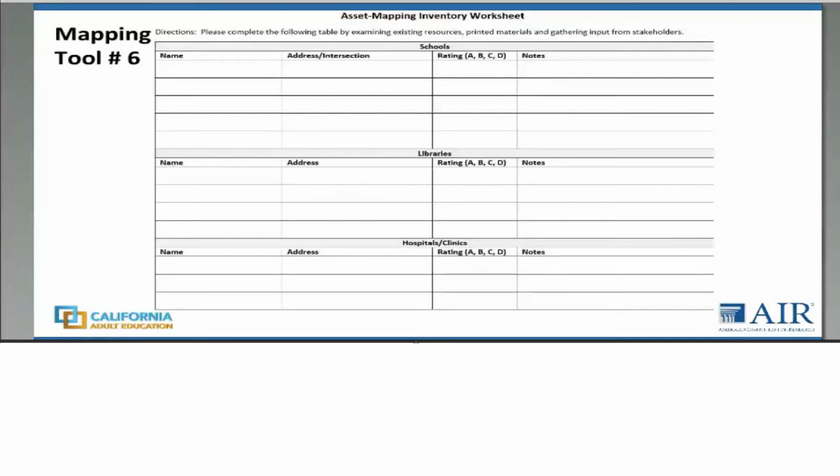Then you'll see we have ratings there, and I'm going to get into the ratings in a minute when I show you an actual example. But then the notes component helps you recall specific things about that asset. And this fits into step 6, where you have identified the assets and started to map them.